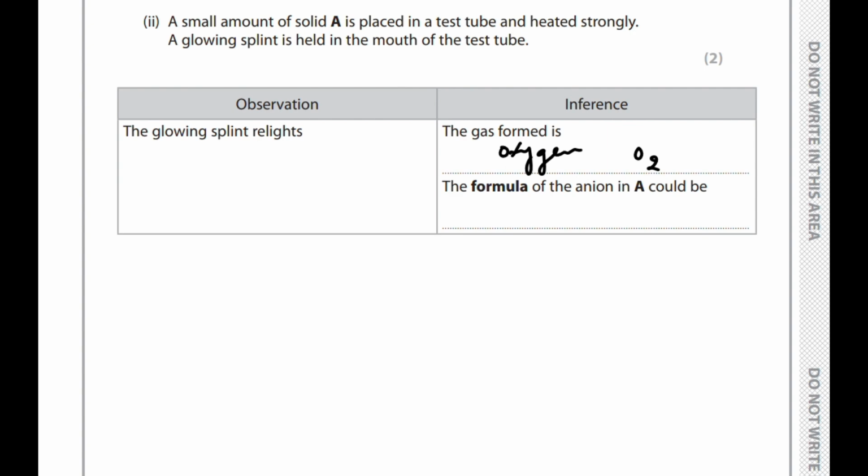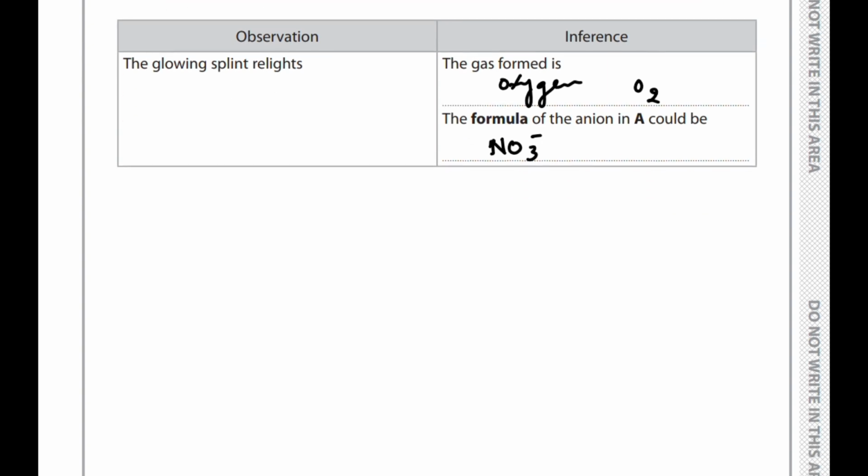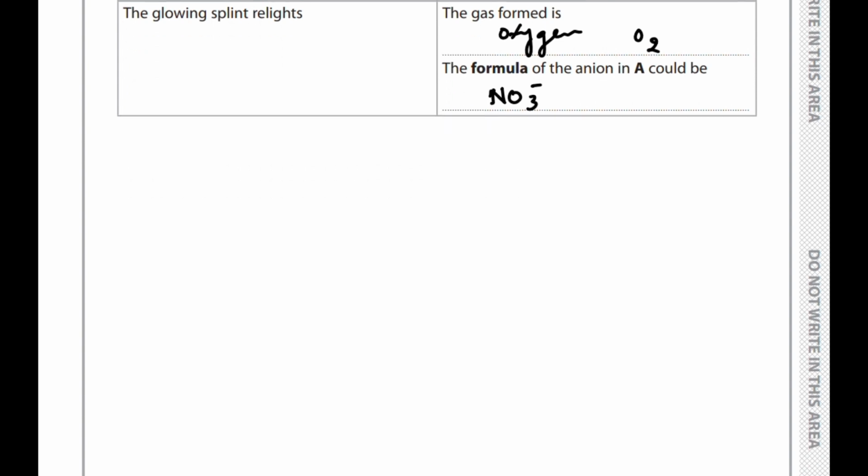So it must be sodium nitrate, the compound. So the anion could be the nitrate ion. And why is this nitrate ion? Because when sodium nitrate decomposes on heating, it produces oxygen. So because here the gas formed is oxygen, it shows the presence of nitrate ion.